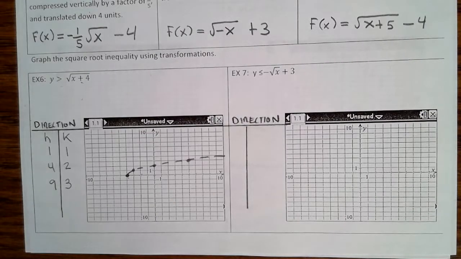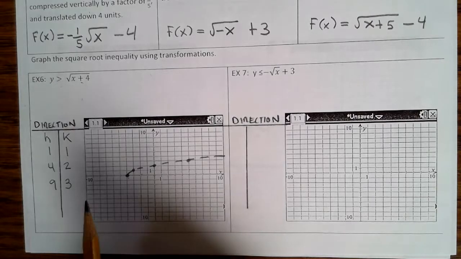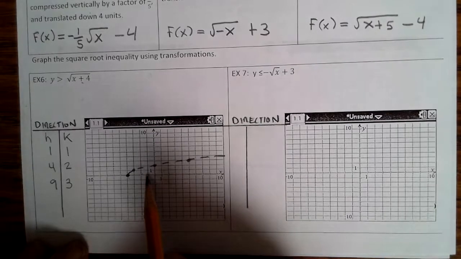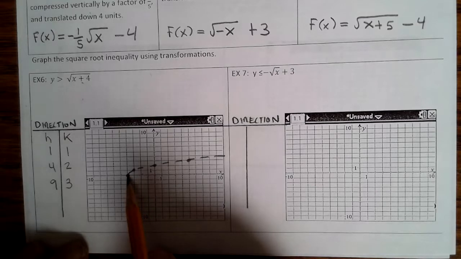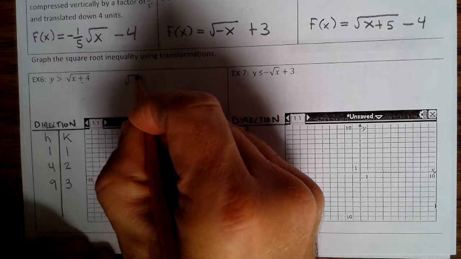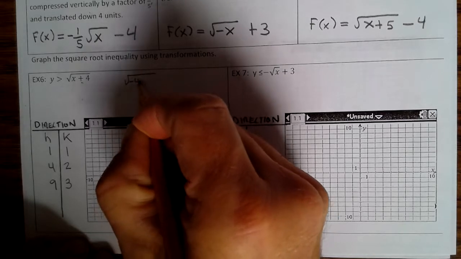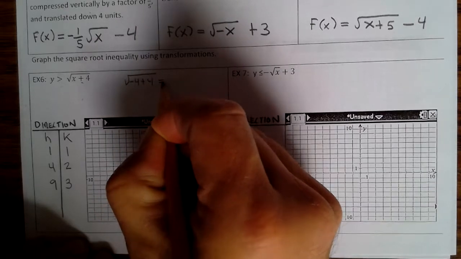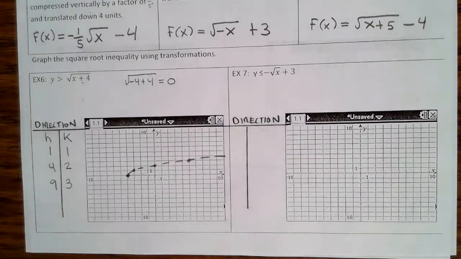Okay. Now, we notice here x is negative 4. So when we have the square root of negative 4 plus 4 equals 0, that's okay.